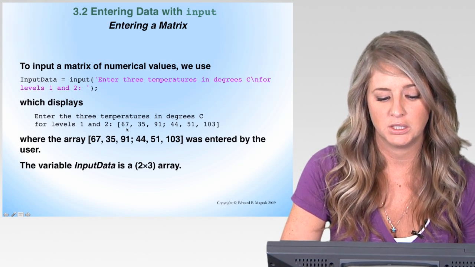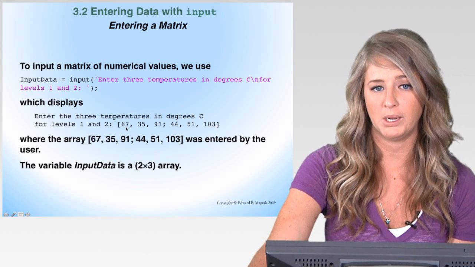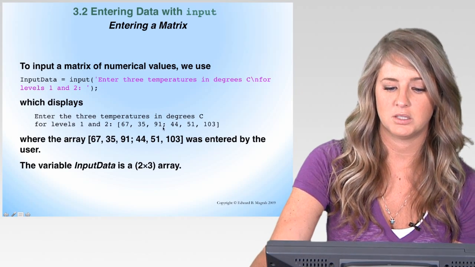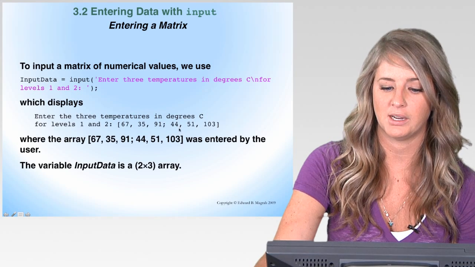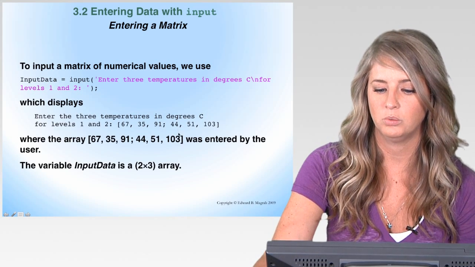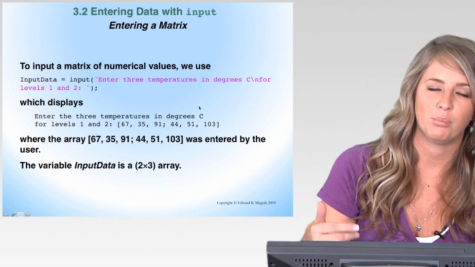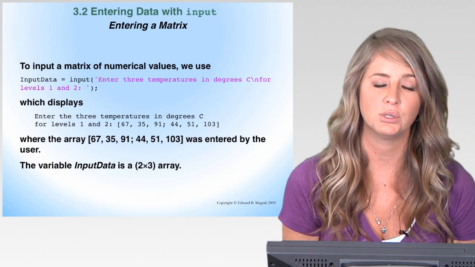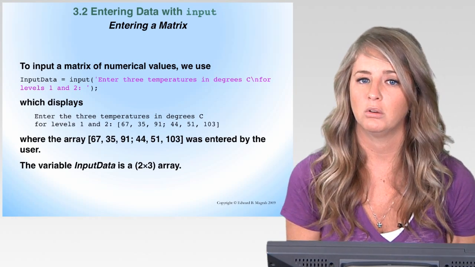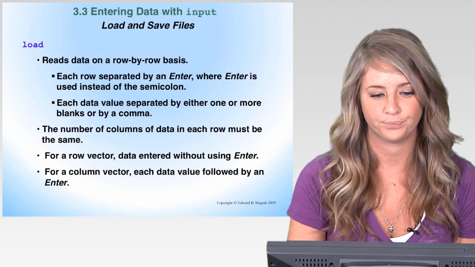So in this particular case, we've created a 2 by 3 array. So here is our semicolon. That's what started the second row. So 1 row, 2 row by 3 columns. So again, we can prompt the user to enter a string, a single scalar value, a vector, or a matrix.